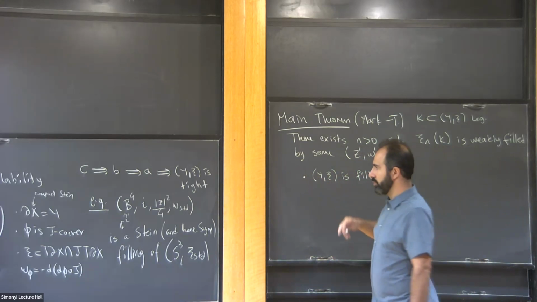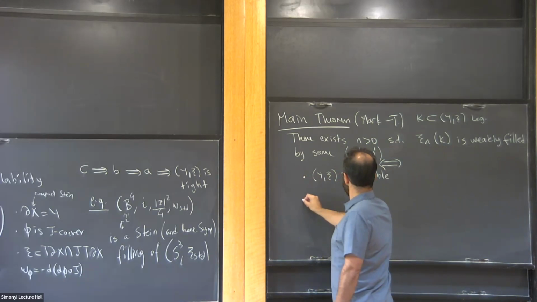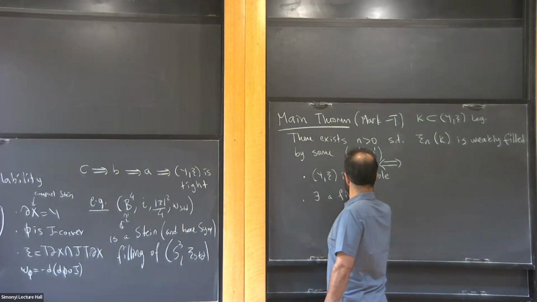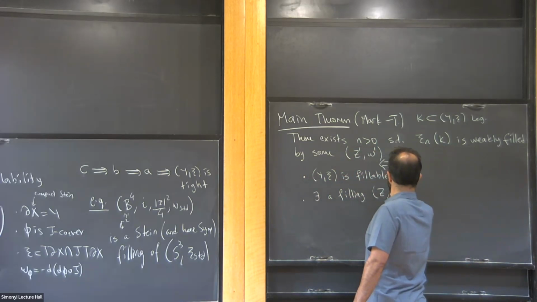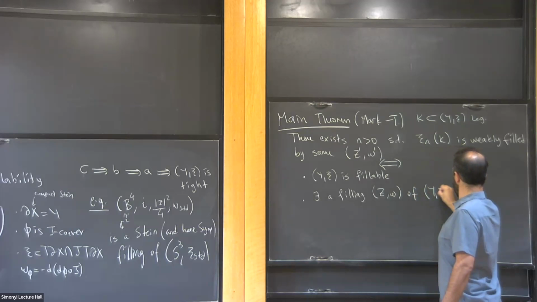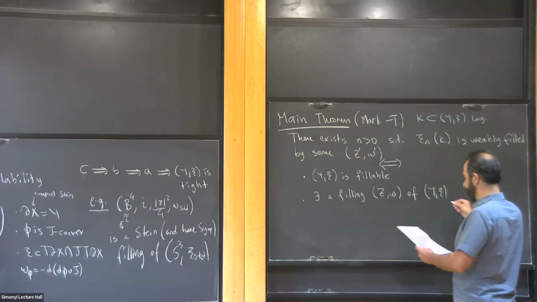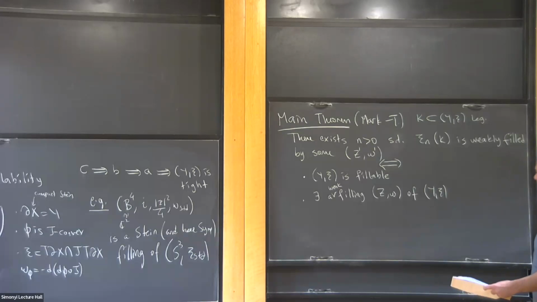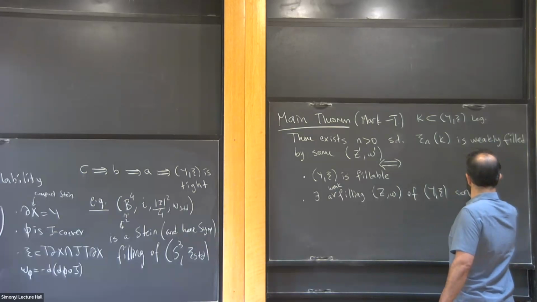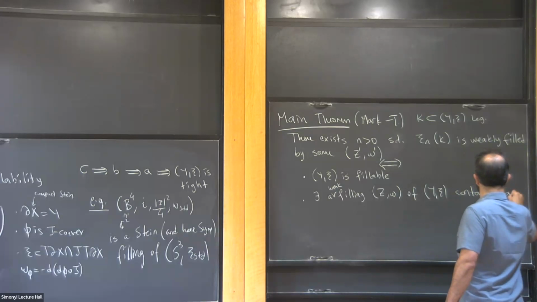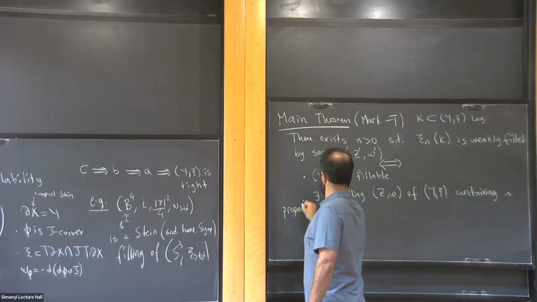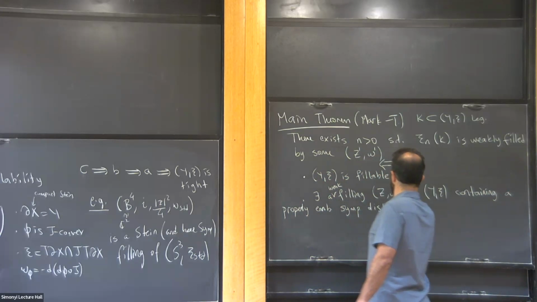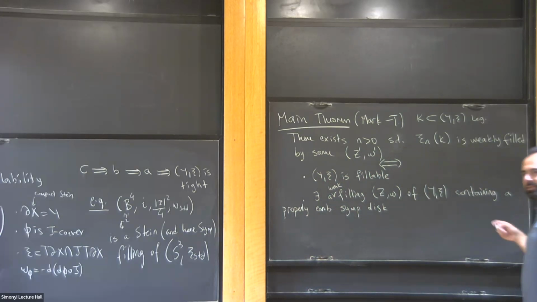And here is something that will look parallel to that: not just that it has to be fillable, but also there exists a filling, let me insert here a weak filling, (Z, ω) of (Y, ξ), the domain manifold, containing a properly embedded symplectic disk, which necessarily has a transverse boundary, but it's not an arbitrary transverse boundary.